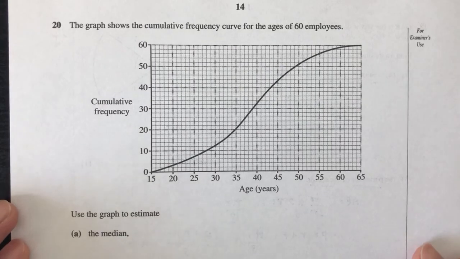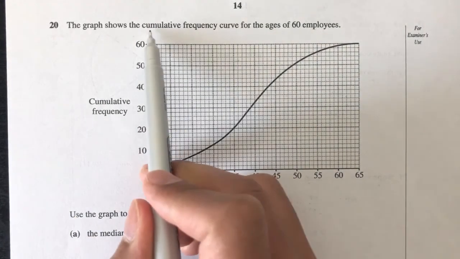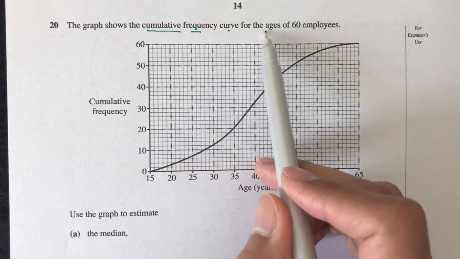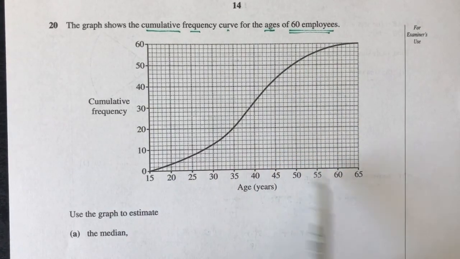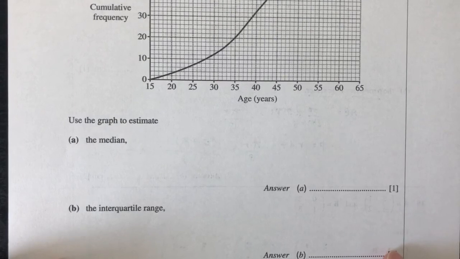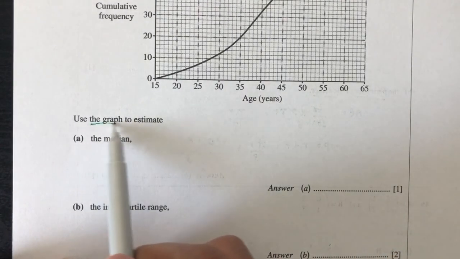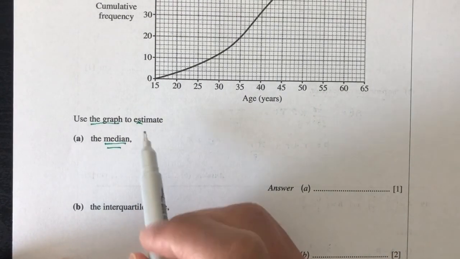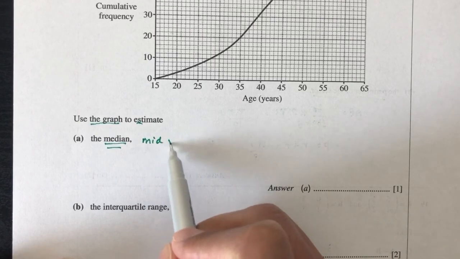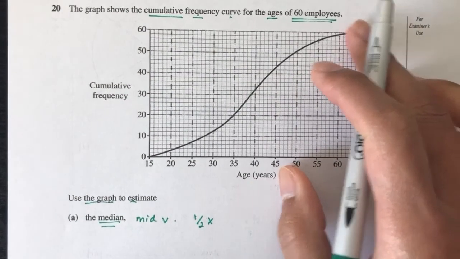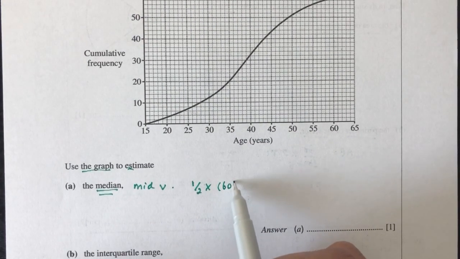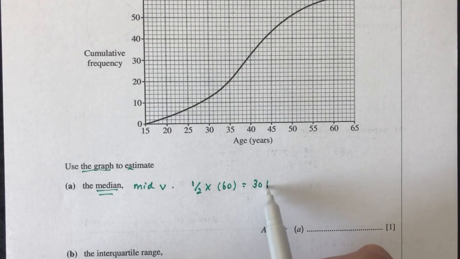Moving on to question number 20. The graph shows the cumulative frequency curve for ages of 60 employees. So we have 60 employees and these are the ages of the employees. Part A. Use the graph to estimate the median. Median is the mid value, so we have to do half times the number of employees, 60, equal to the 30th element.